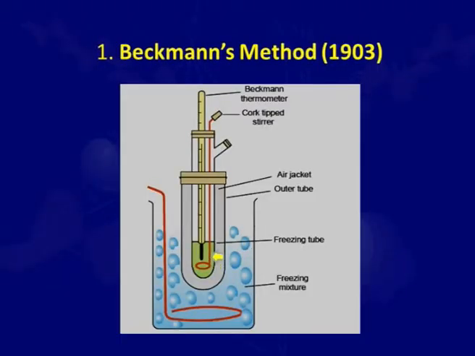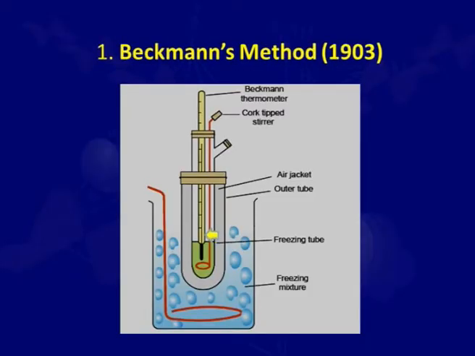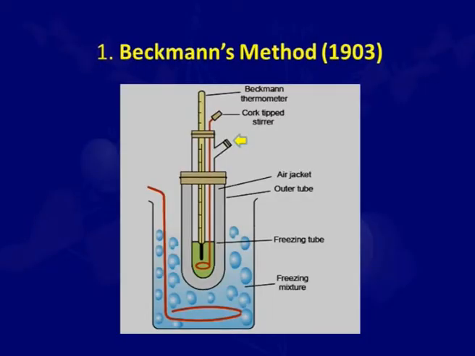When it is 0.5 degrees below the freezing point, start stirring constantly. The temperature will rise because latent heat will be set free. Note the highest temperature recorded. This will be the accurate freezing point of the solvent. Now remove the solvent tube, add some weighed amount of solute and record the freezing point of the solution again with similar process.